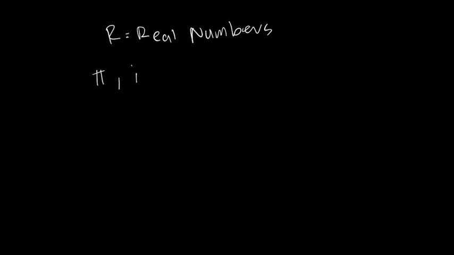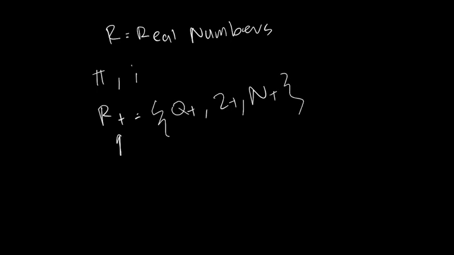So if we say R plus, these are all the positive numbers of the rational, the integers, and the natural numbers. So real numbers means everything that exists, including pi and I and everything. Every bit of number is there.